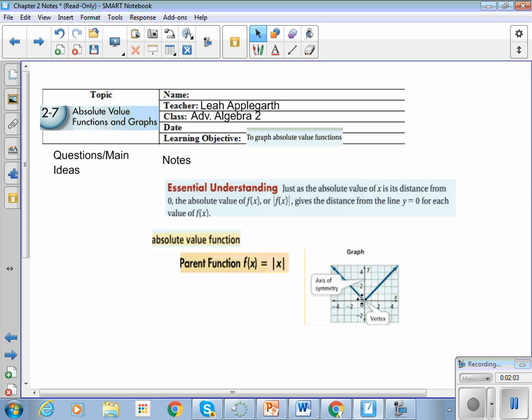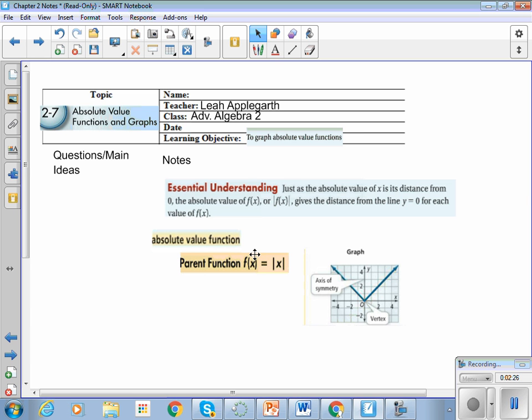I do want you to have a graph so that you can put the axis of symmetry and vertex on there. So the graph is a nice V shape. Because if you think about the graph of y equals x, it's a straight line with a slope of 1 that continues on down into our third quadrant.